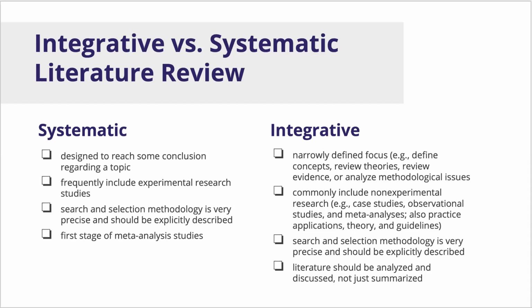Now, an integrative review is similar in that it is designed to address some particular issue. But a systematic review tends to focus, and sometimes exclusively uses, experimental research studies.